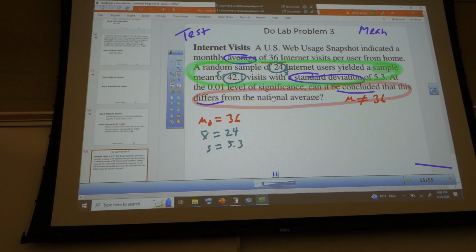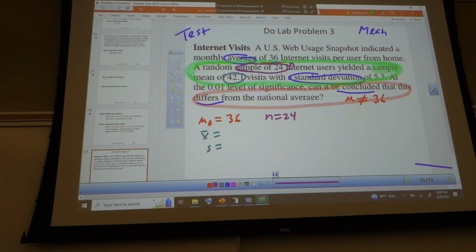Oh, sorry, this is not my X bar. Sample of 24, no one stopped me. This is all totally wrong. Sample of is my n. So my n is 24.